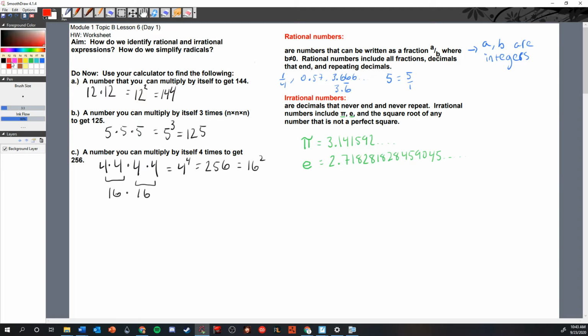The thing that we didn't really touch on previously was the fact that the square root of any number that's not a perfect square is going to be irrational. Okay, so something like root 2, which, what is root 2 as a decimal? Let's see.